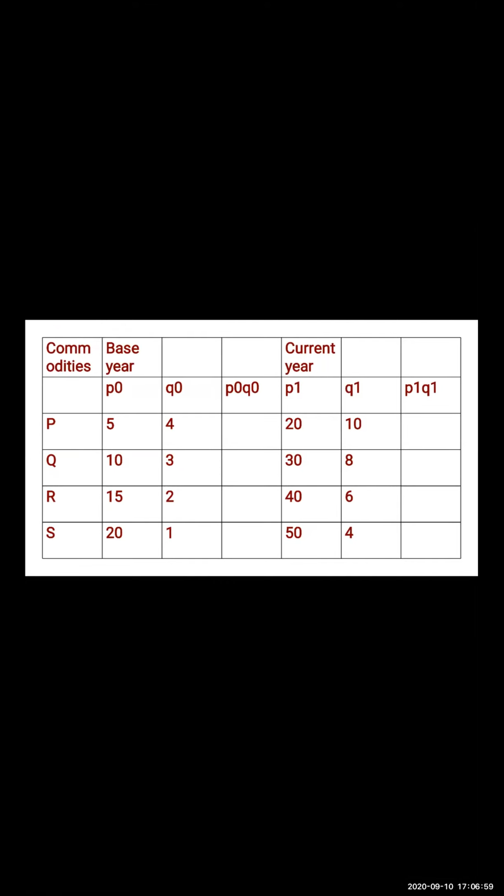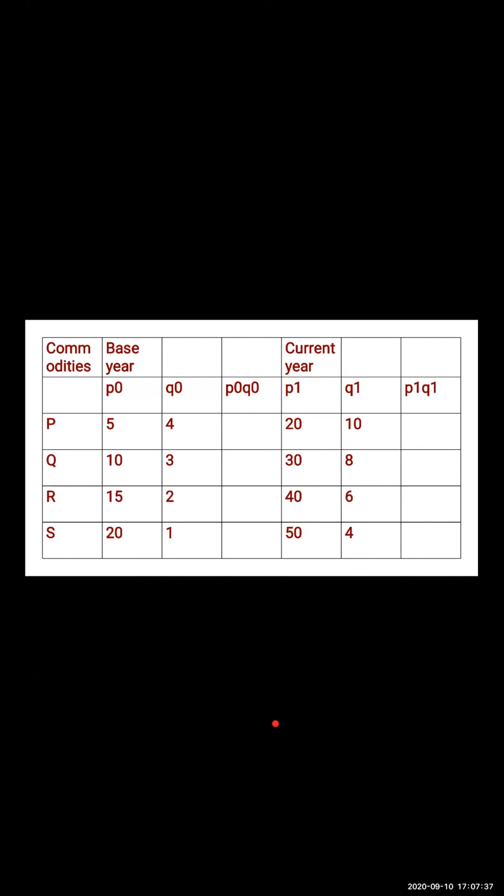First will be commodities. The names of the commodities are P, Q, R, S. Then the base year price, which we represent as small p and small 0, and the base year's quantity, which we represent as Q0, small q and 0.